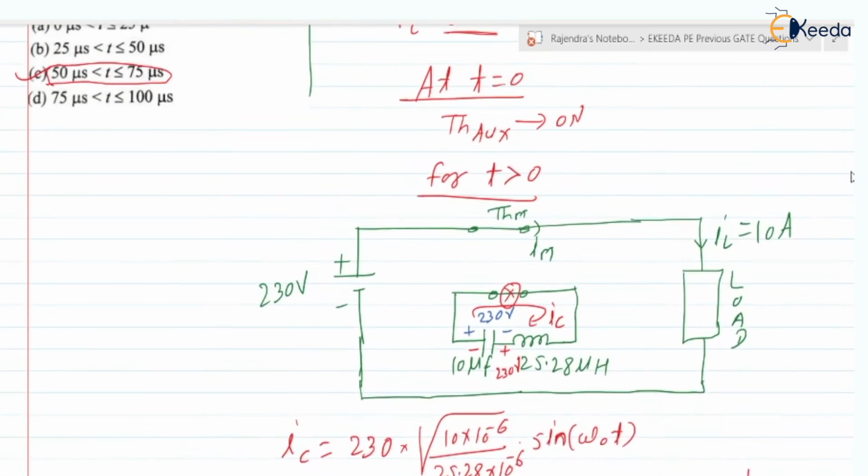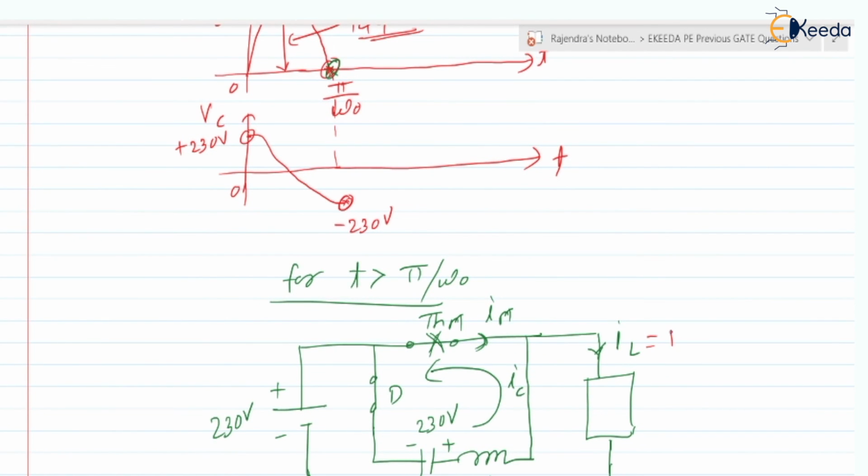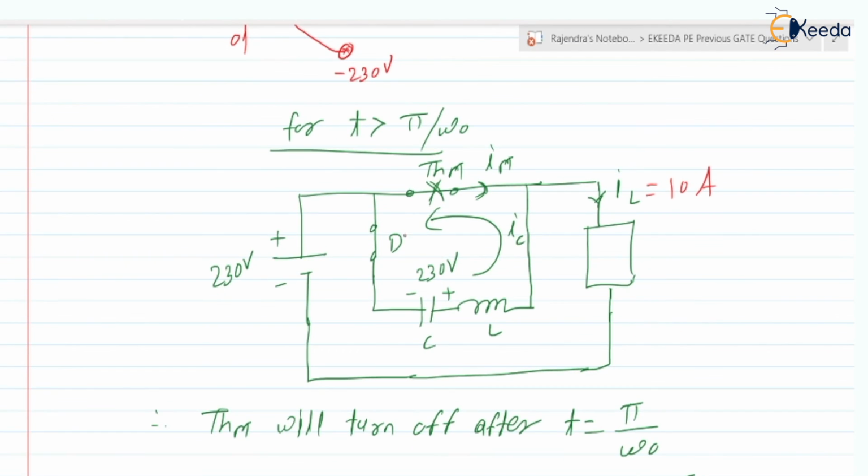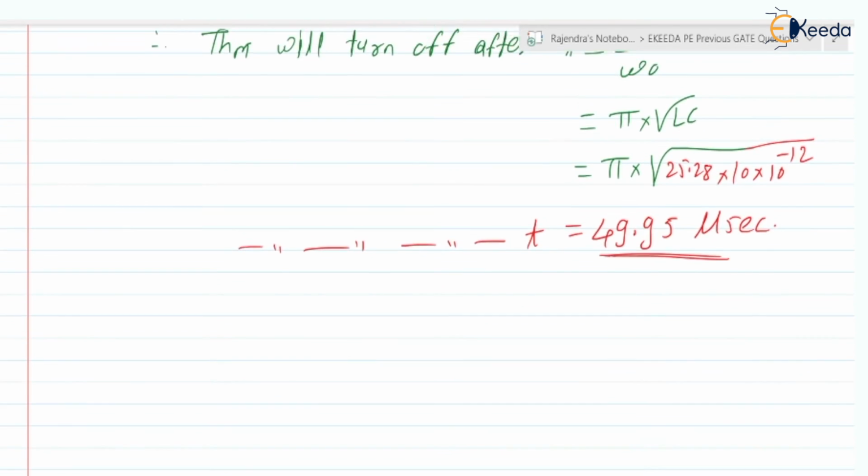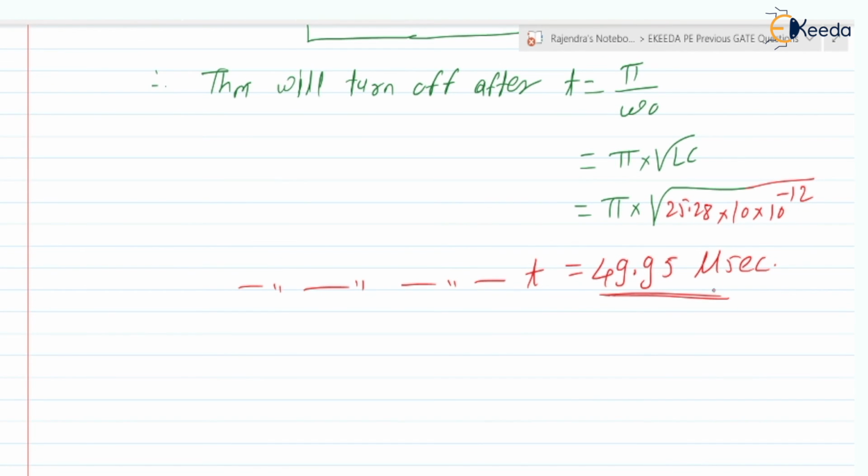And the IL value is low, it is 10 ampere only. So initially the current flowing through the main thyristor was 10 ampere, and the opposite current which is flowing is IC. So once IC reaches 10 ampere, immediately our main thyristor will turn off. So the main thyristor will turn off after 49.95 microseconds.